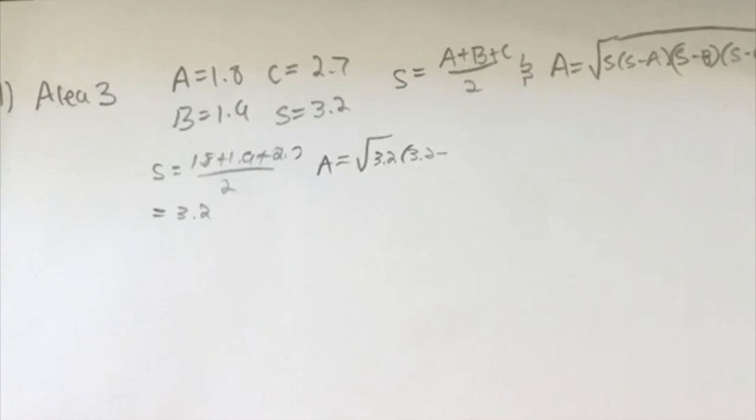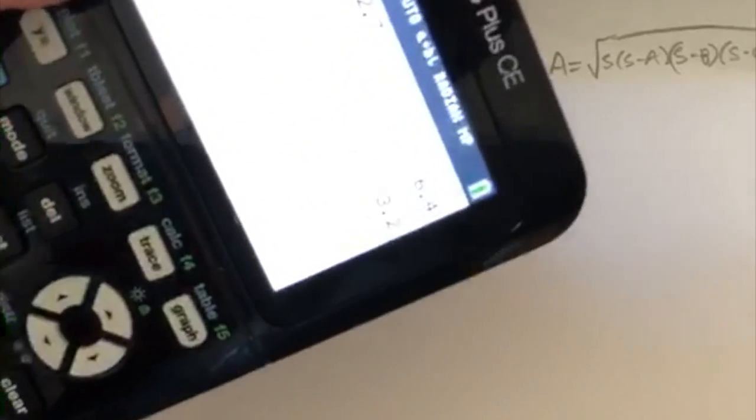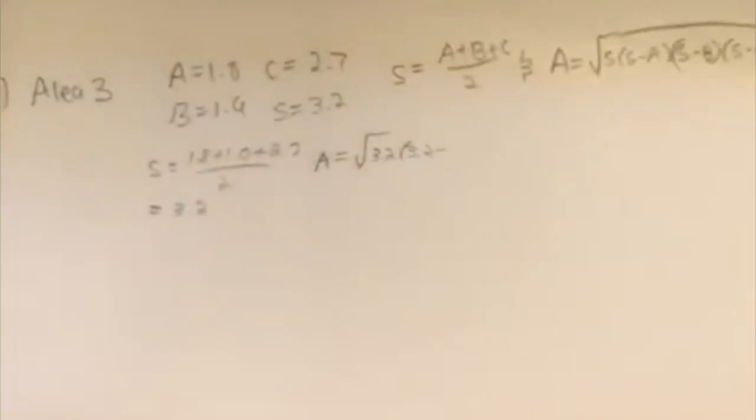Therefore, the area is equal to the square root of S times S minus A, S minus B, S minus C. So we plugged it into the calculator, and through the calculator we found what S was, and S was, you can see right there, 3.2.